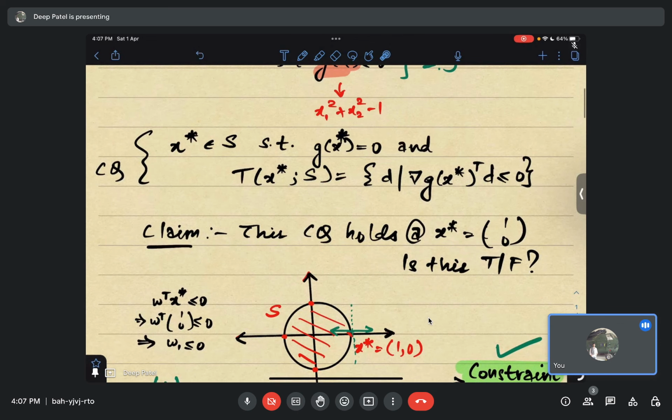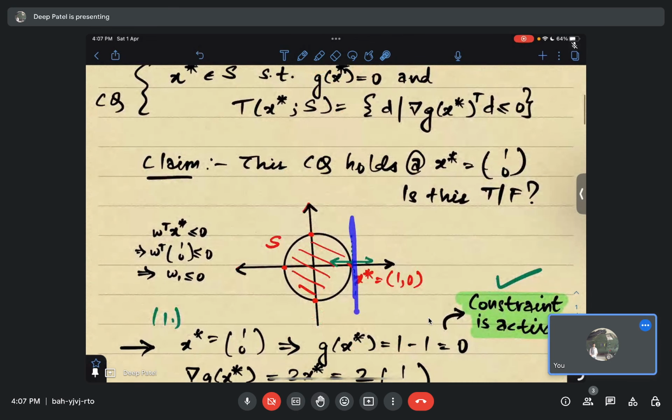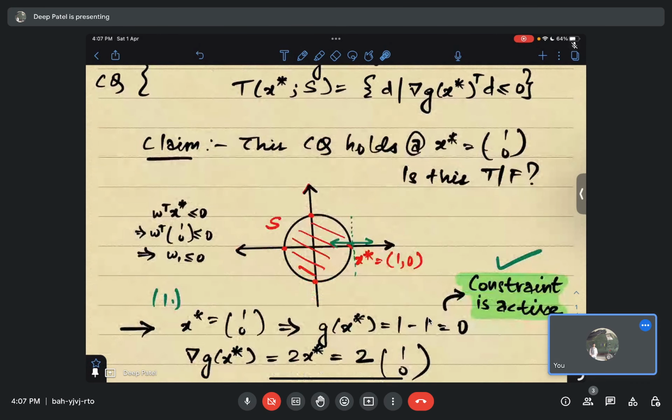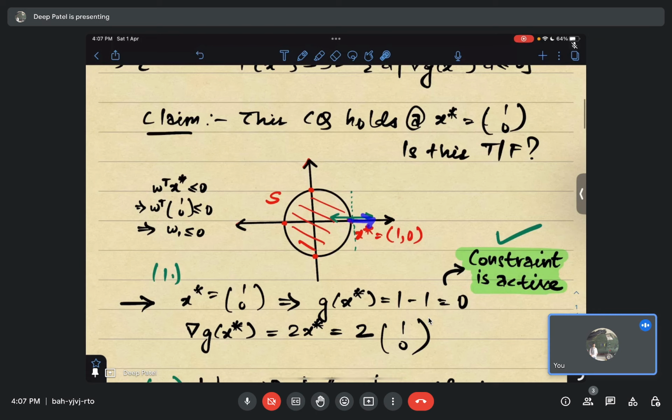And in this case, by the geometry of the set, what will be the gradient at x*? The gradient will be this at this point, so we can find an obtuse direction, right? Yes.